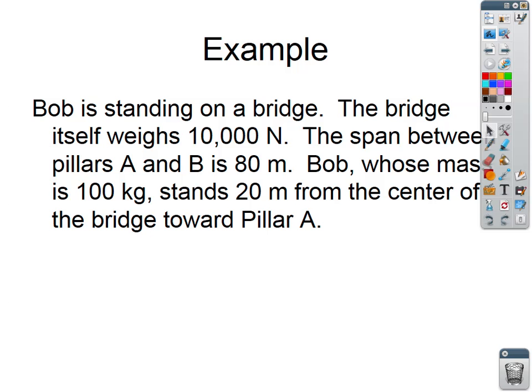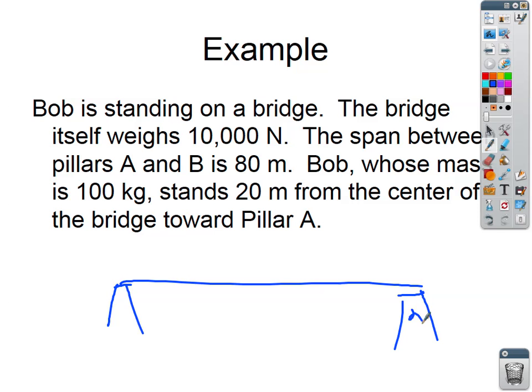Okay? If we draw it out, we still follow the exact same rules from the old problem. We have these two pillars, B, A. The bridge itself is 80 meters long. The bridge is a uniform section, so the weight of the bridge will be right in the middle. This will be where the weight of the bridge is trying to make it rotate.